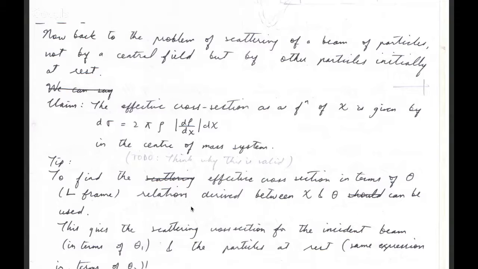We assume that in the center of mass system, the effective cross section as a function of chi will be given by this expression, d sigma equal to 2 pi rho d rho by d chi d chi. Now, I don't understand how it makes sense.